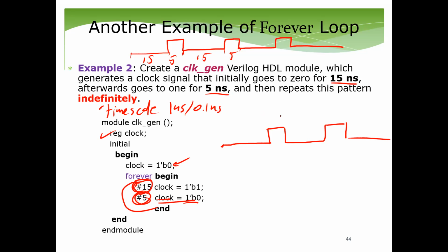We can ask you to implement, for example, for 10 and 15, clock should go to 1 for 10 nanoseconds and 5 nanoseconds when it's 0, and so on. So you can make all different shapes of signals using the forever keyword. How to write it? You just write forever, and that's it. If it's only one statement that you are executing, you can just write it right away. If you have a couple of statements, just use forever begin end.